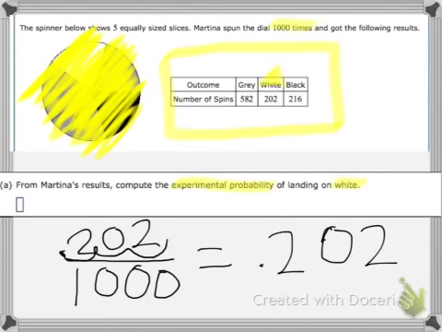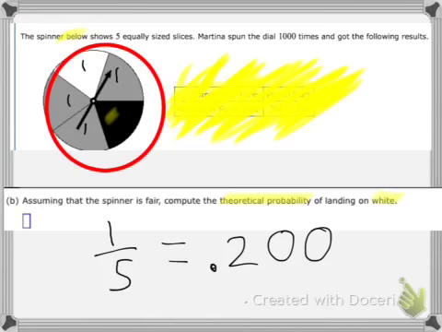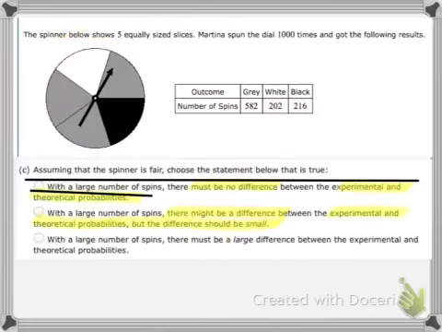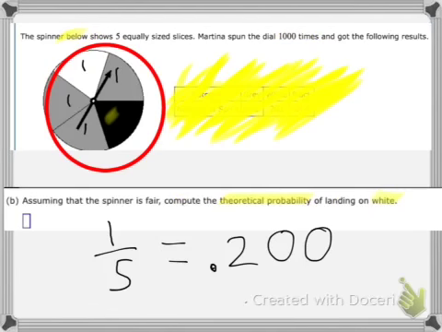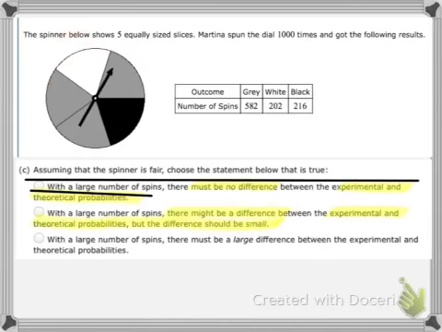Every time I said oh, I meant 0. I'm sorry. 0.202. The next is 0.200. So just 0.2 basically. So there is a small difference. The difference is 0.002. As you can see, 0.202 and 0.200. So there's a difference. So we'll keep that checked.